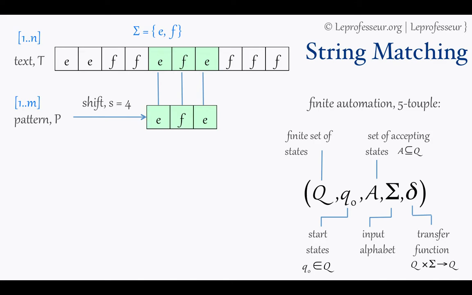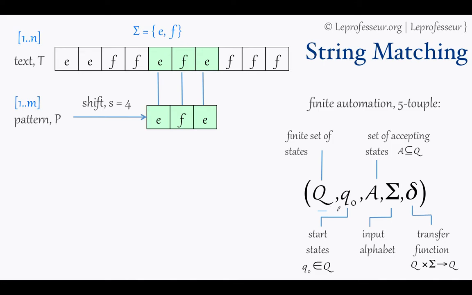Finite automata or automation is a state machine, and the state machine has characteristics, which are the properties of a state machine. We can represent them by this five tuple. The state machine will go to different states, and those are finite states.